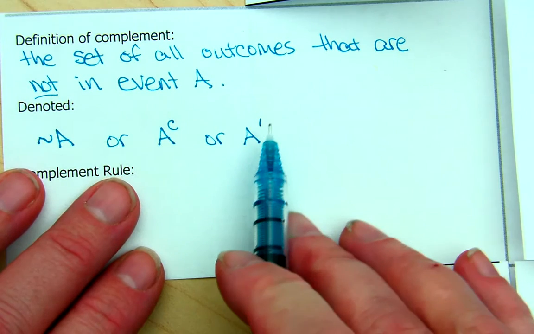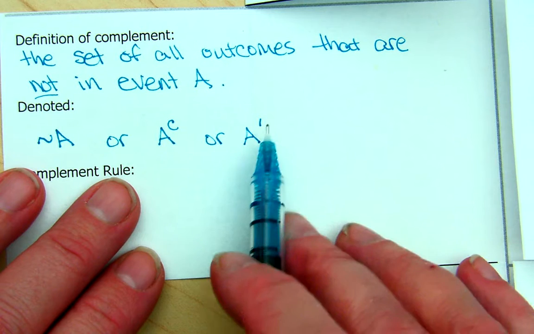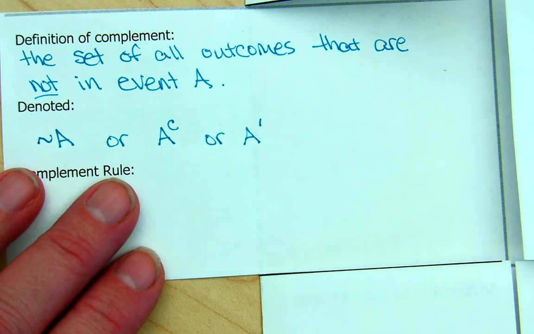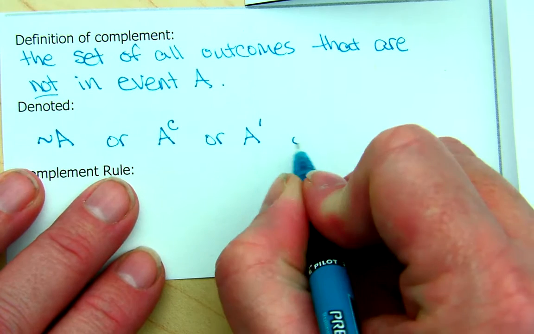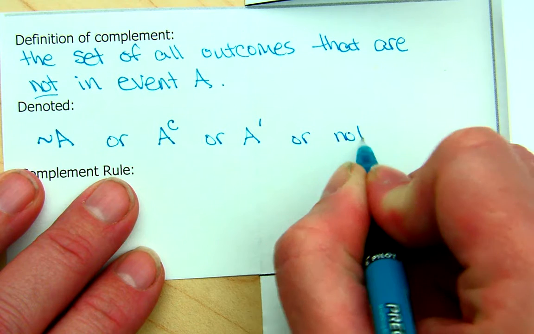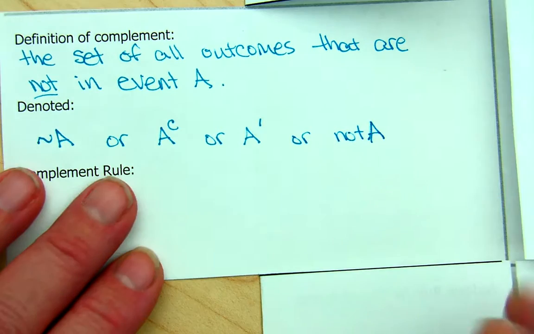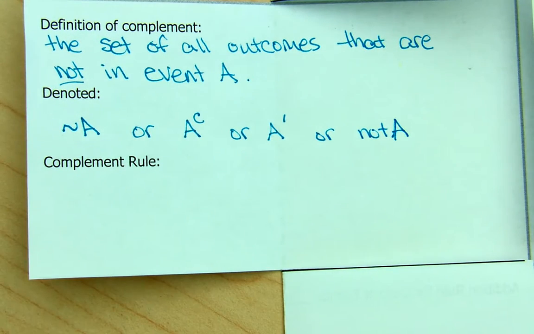Sometimes it's A with that little prime mark. So that's the complement of A. And sometimes they just write not A. So you just need to be able to recognize any one of those means the complement. Any one of those notations could be used on an AP question, so you need to be familiar with all 4 of those.